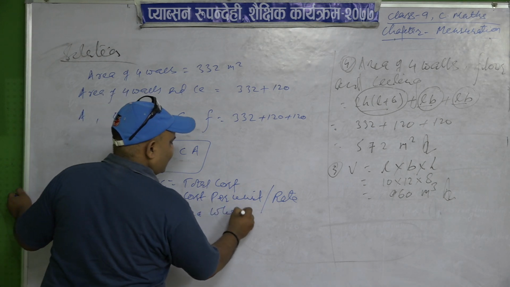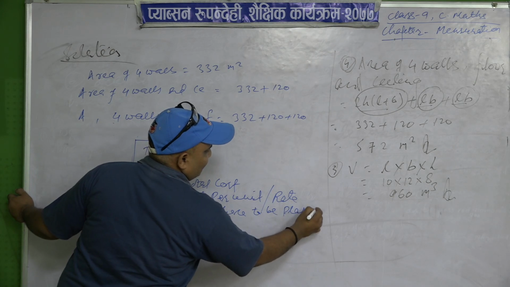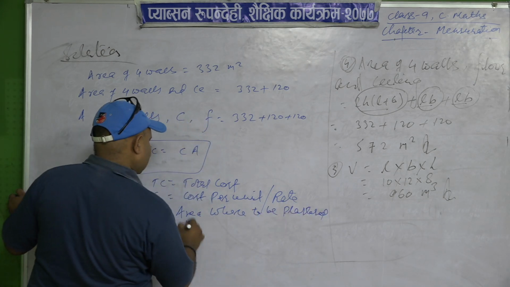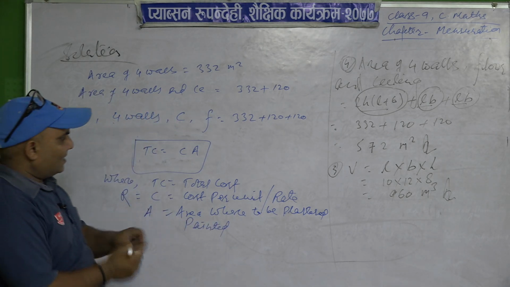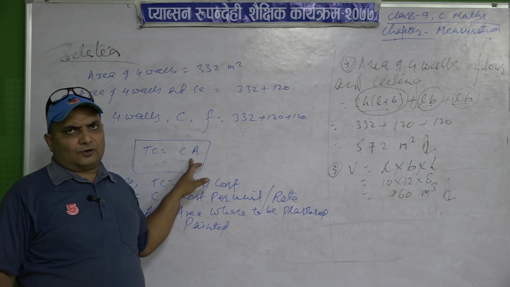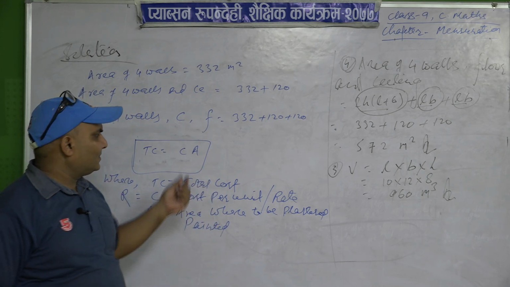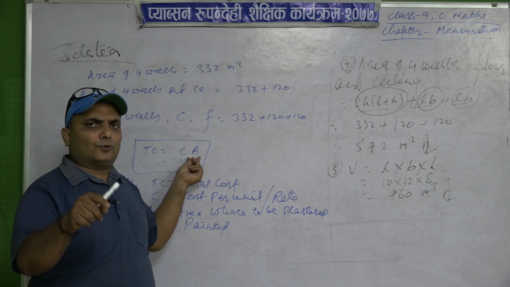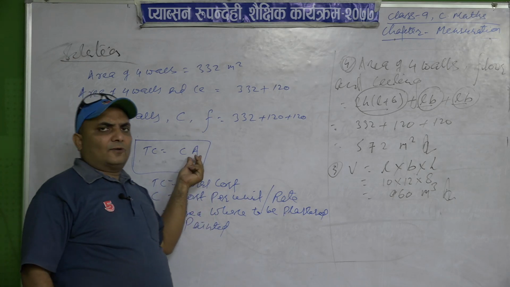where to be plastered or painted. This is the area where to be plastered or painted. Suppose we have to plaster on the floor only, then this area is the area of floor. Suppose we have to plaster on the ceiling only, then this is the area of ceiling.